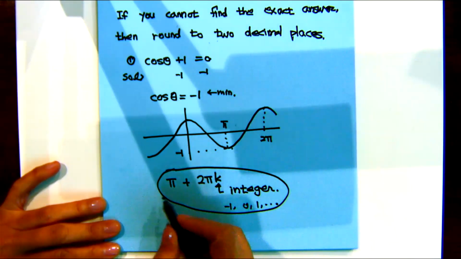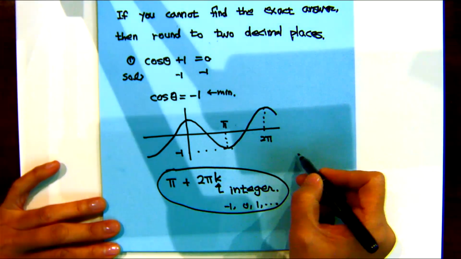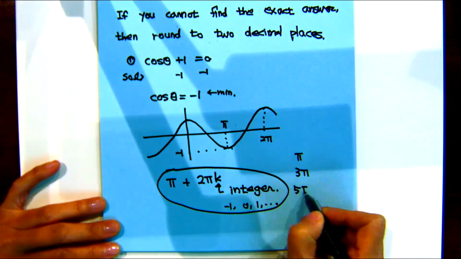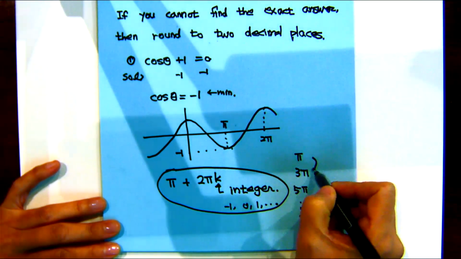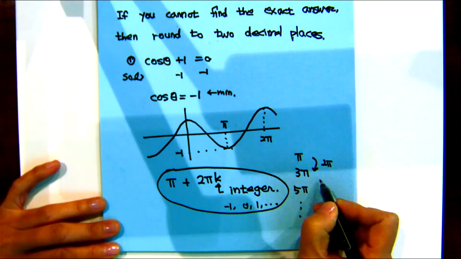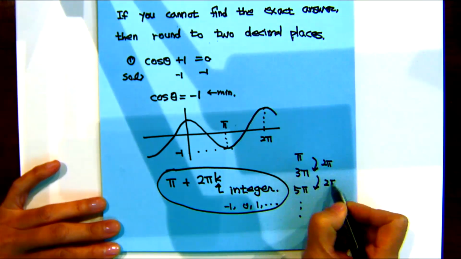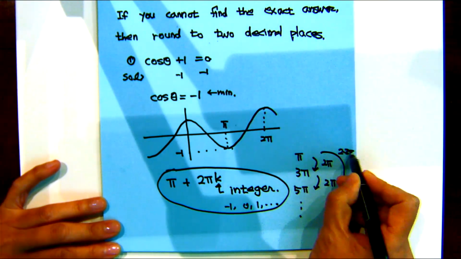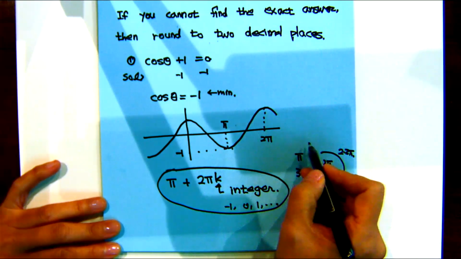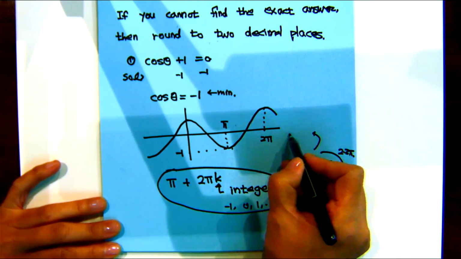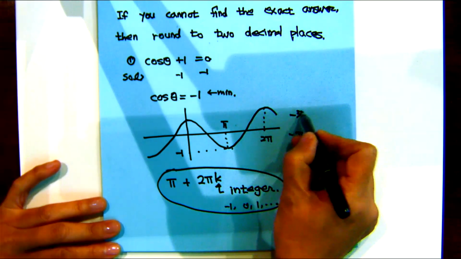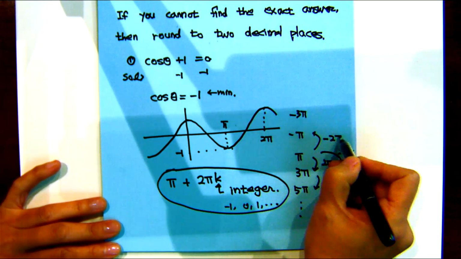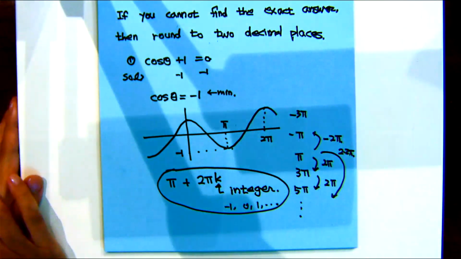And so this expression covers pi, 3 pi, 5 pi, and so on, because we are adding 2 pi, right? This one, 2 pi. From here to here, we have 2 times 2 pi, right? And we can do the other way. Then negative pi, -3 pi, and we can achieve it by subtracting, right?